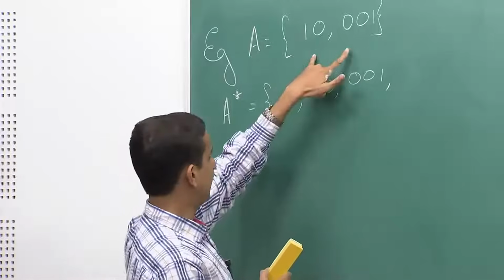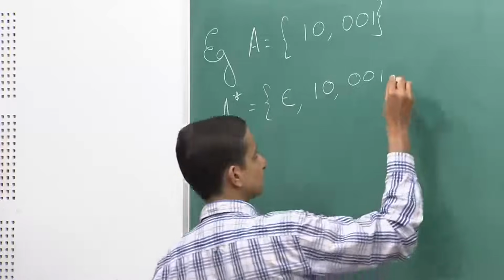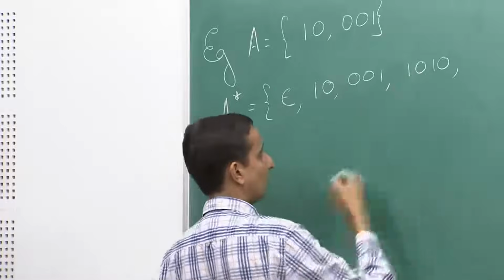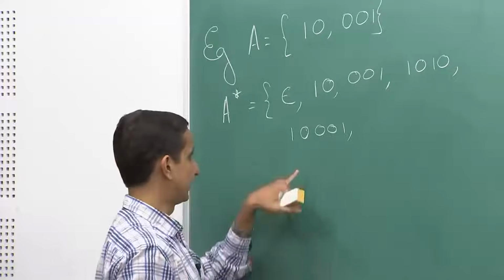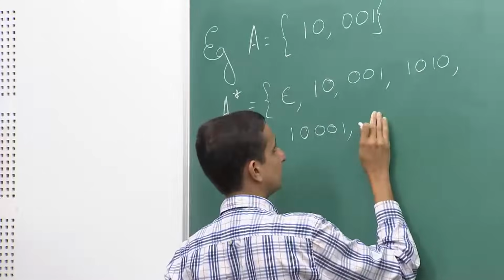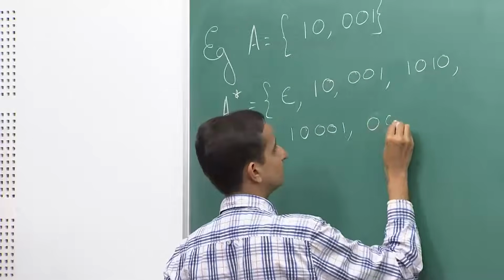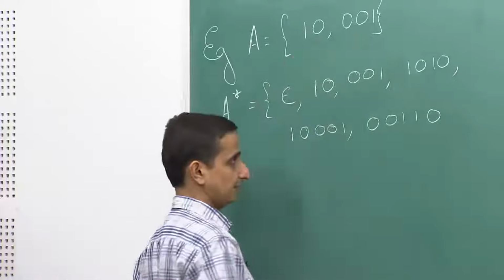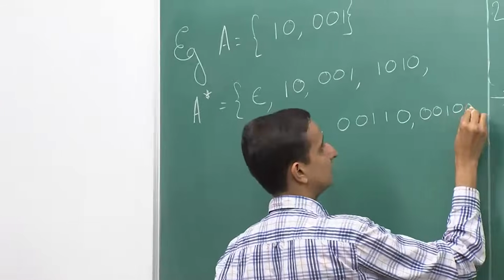So, if A has two strings, the way I can combine these two is in 4 different ways. So, I will get 1010 if I take 10 and 10, or I can have 10001. Okay. So, if I take the first string with the second string, the third I can get is 00110 if I take this first and then I apply the second string, or I can get 001001.